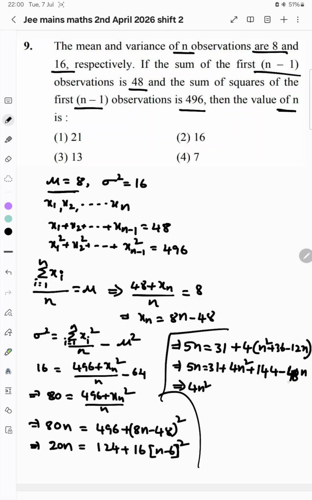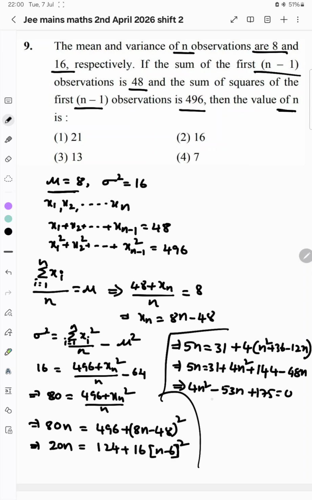Now bring 5n to the left side: minus 48 minus 5 is minus 53n, and 144 plus 31 is 175, equal to 0. Now we can see it's a quadratic equation in n. Let's simplify and we'll get the value of n.